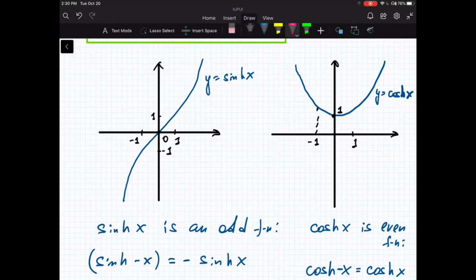While hyperbolic cosine of x runs to infinity on both sides when x goes to minus and plus infinity. So they are unbounded. That is the main difference compared to the trigonometric functions.